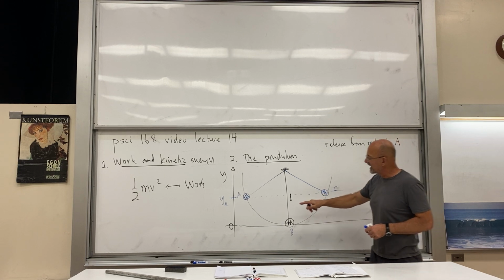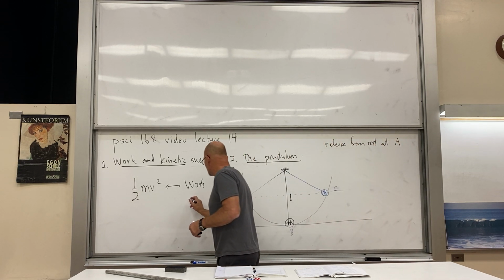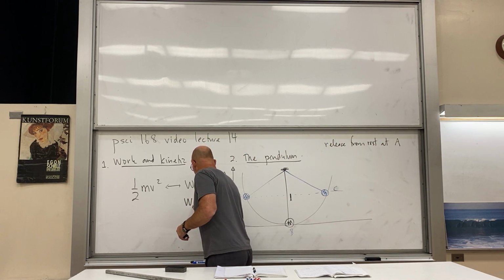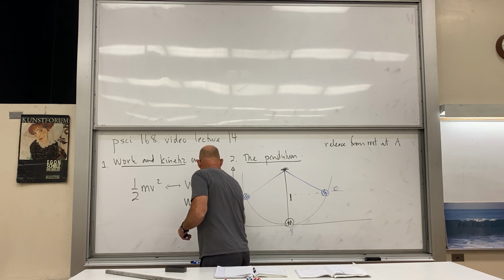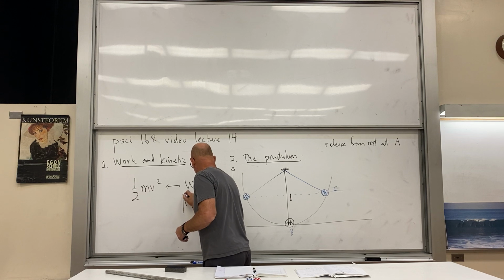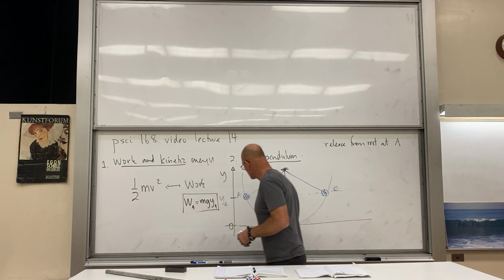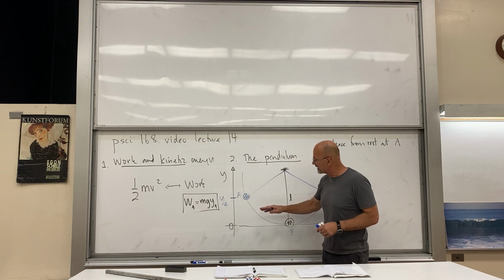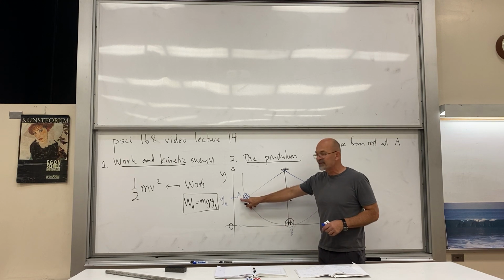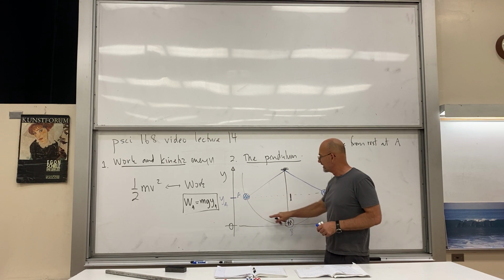Now, up at point A, we have work sub A equal to mg y sub A, because that's how much work it took to lift the pendulum. It didn't matter how we lifted it once we got there, that's how much work it was.